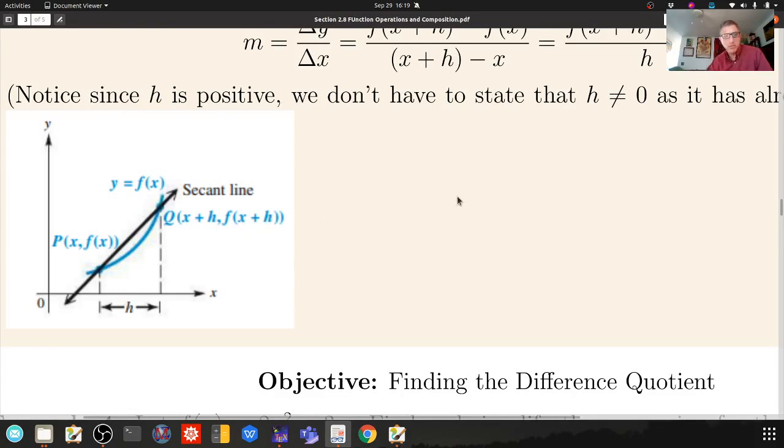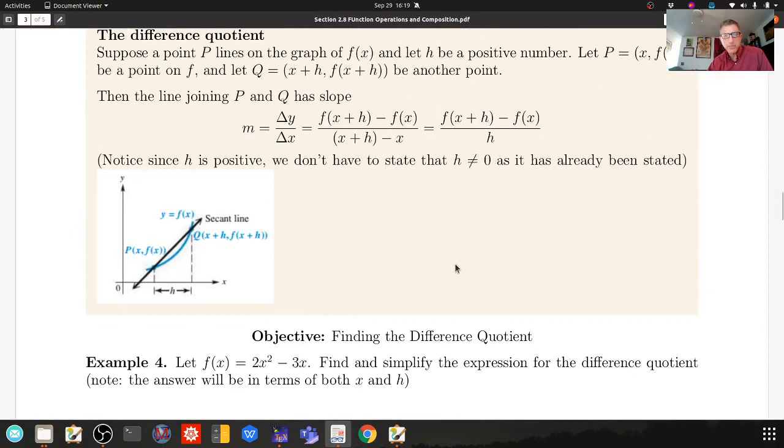So that's what we're defining as the difference quotient. So the difference quotient is just the difference in the y values over the difference of the x values. So the y value is f of x plus h minus f of x, so that gives us our numerator, and x plus h minus x, and that gives us our denominator.